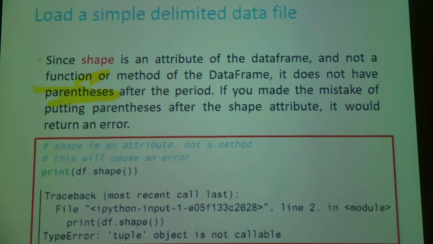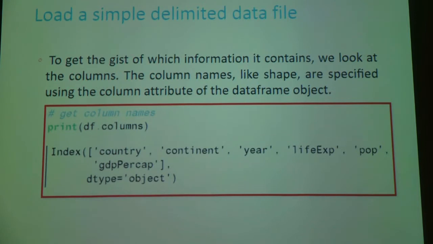Methods are part of a class, functions are general functions, and an attribute does not have the parentheses. It's kind of a decorator, and we explain decorators in the advanced Python class. So if I put the parentheses, what will it give you? Error. It will give you an error because it's an attribute.